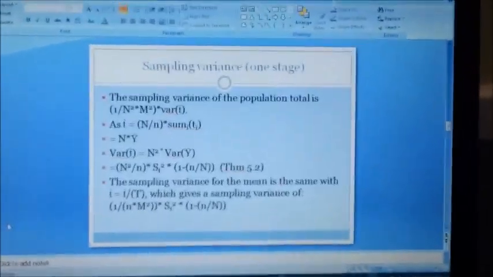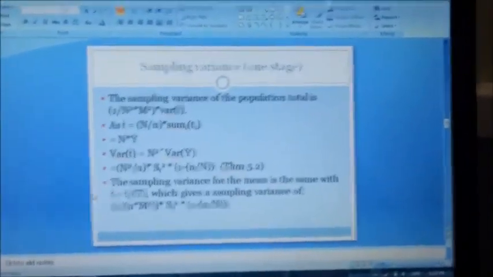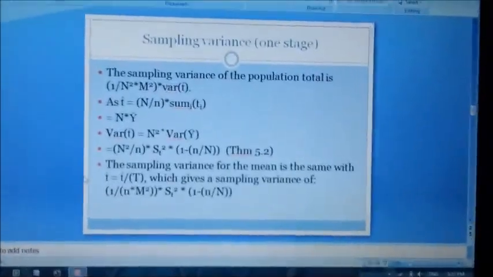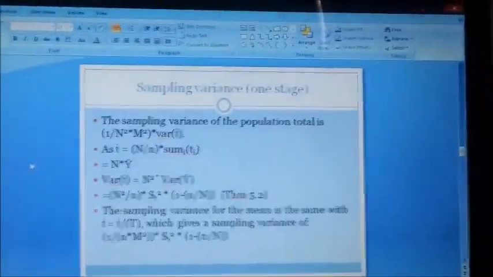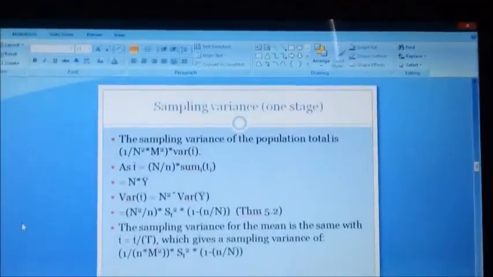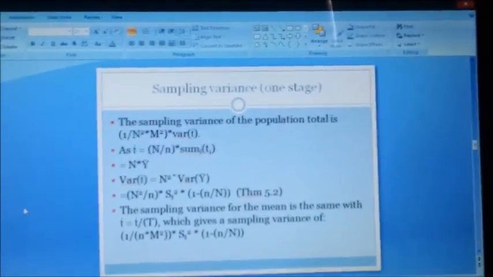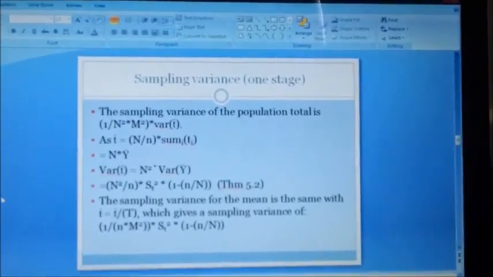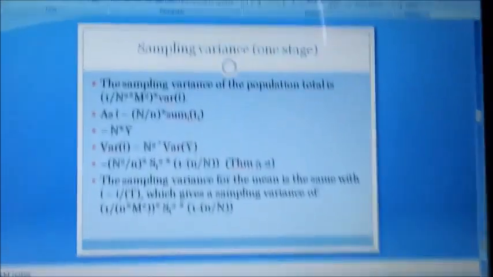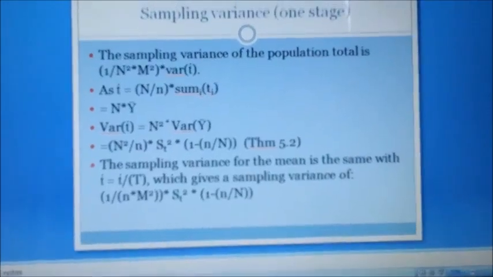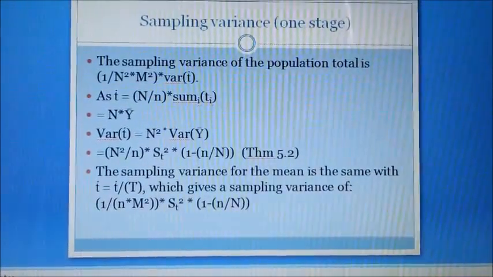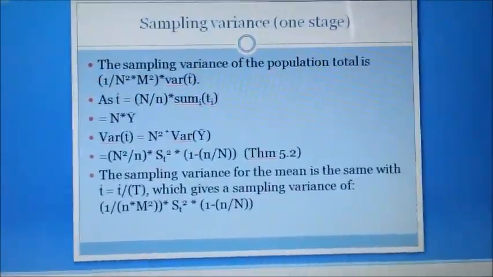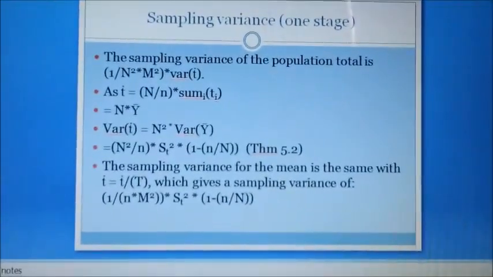Okay, so the next thing to do is the sampling variance. So the sampling variance of the population total is 1 over capital N squared times M squared times the variance of T dot. As we know that T dot is equal to N over n times the sum of the Ti's over all i's, we know that T dot is equal to N times y bar, which is the overall population mean.